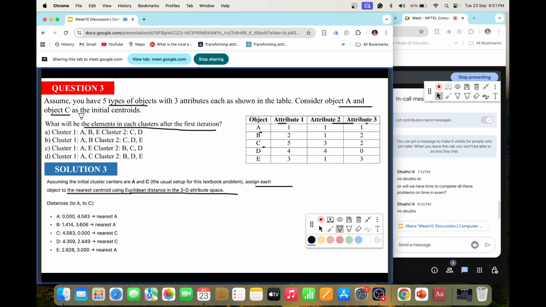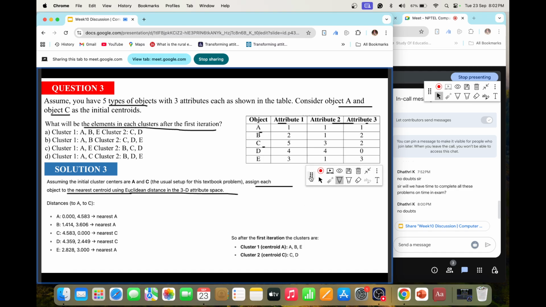Just see whether each is nearest to A or C. So you have to see the distance to A and the distance to C, and see which it is nearest to.